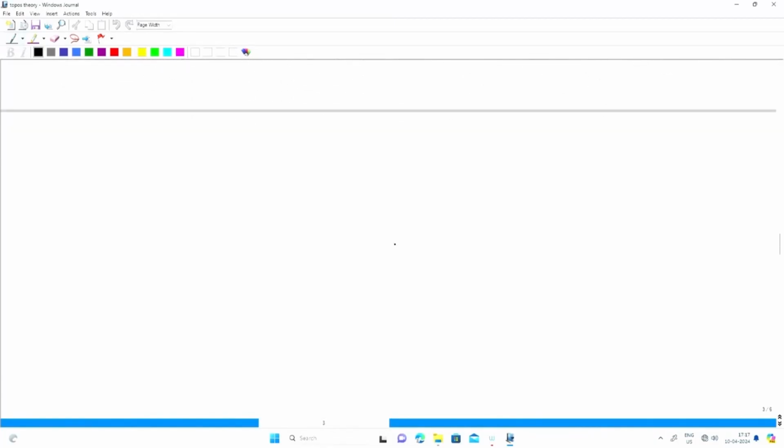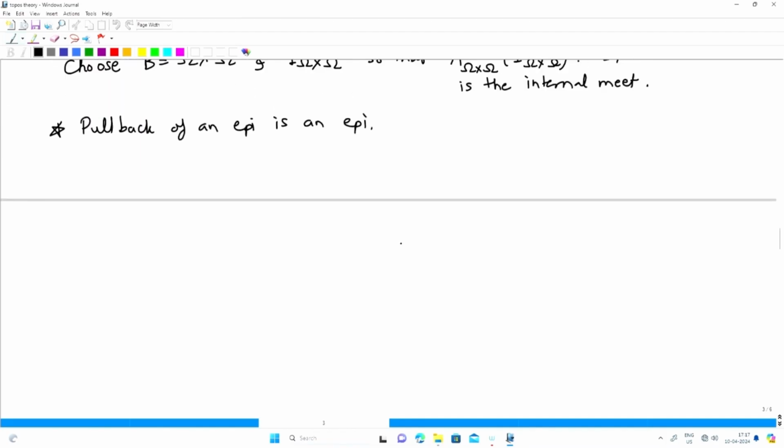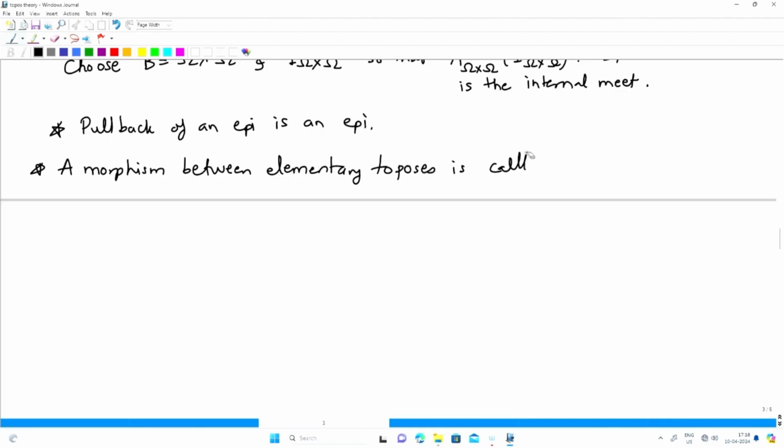and they satisfy all the nice properties, and we saw a bunch of properties of elementary toposes. So before I go on to examples, one thing I should add here is that a morphism between elementary toposes is called a logical morphism.